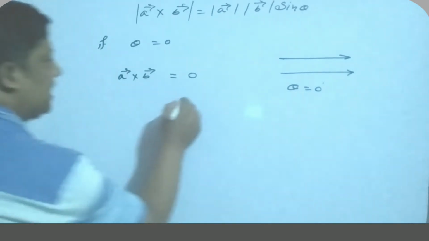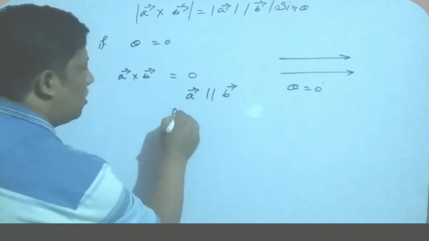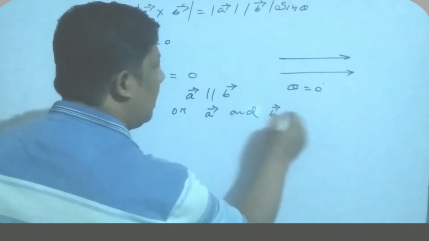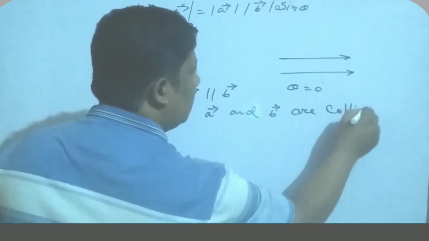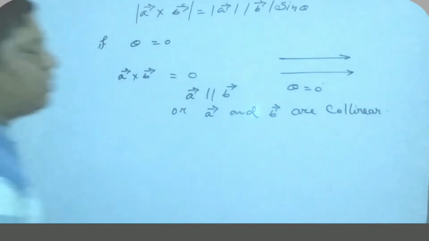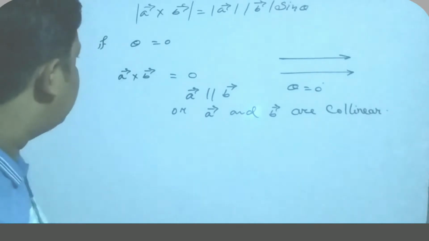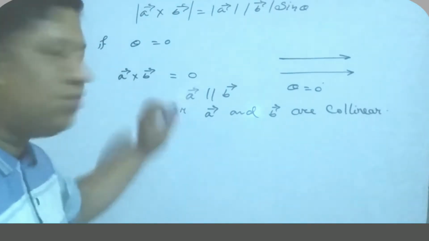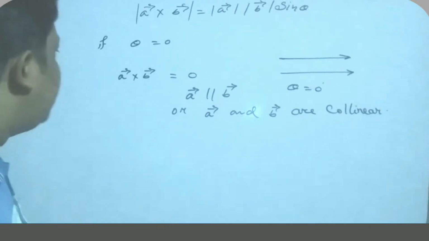It means that in these cases A is parallel to B, or A and B are collinear. So it is the necessary and sufficient condition that two vectors are collinear if A cross B equal to 0. That means you can check whether two vectors are collinear or not.